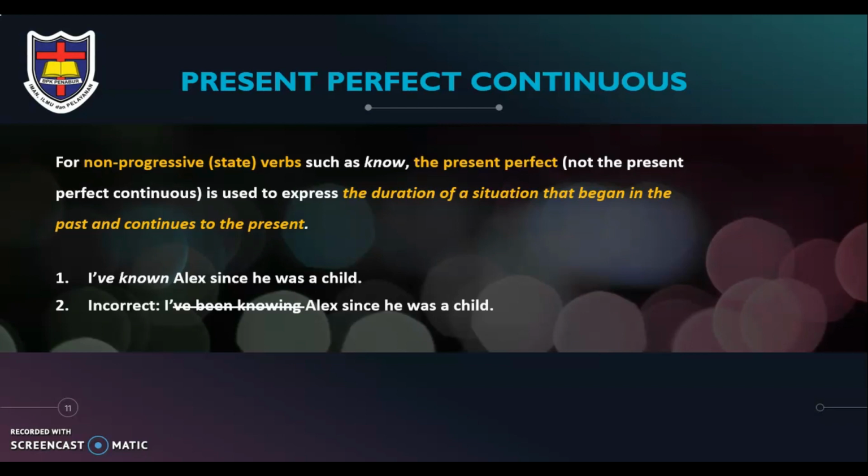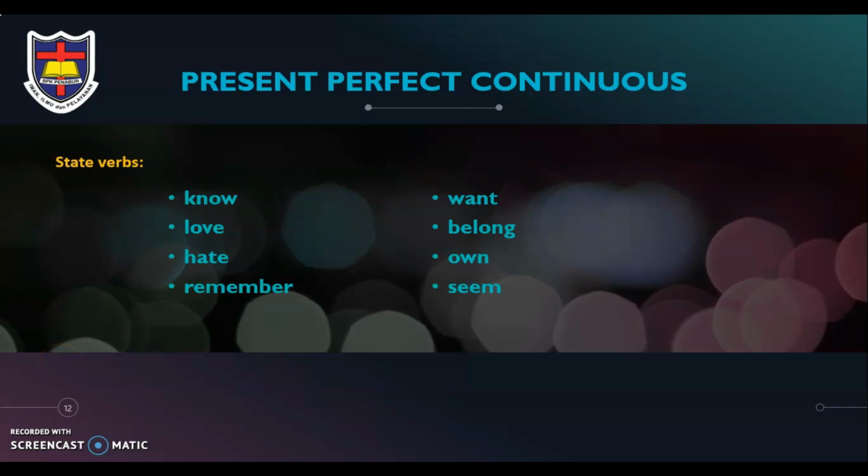But for action verbs, for an activity or a verb where you can see the movement, eat, speak, run, write, and the others, for action, you can change them into verb in. Okay? Here are some examples of state verbs. Know, love, hate, remember, want, belong, owned, seen, have, and the others. So be careful with state verbs, okay?